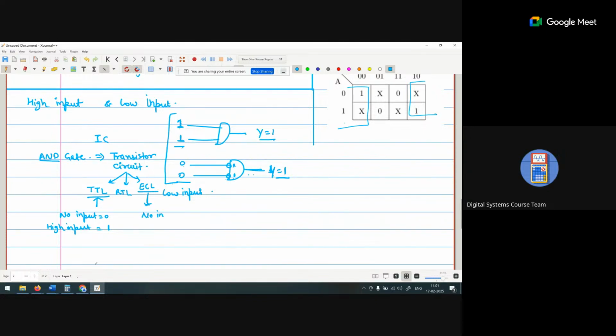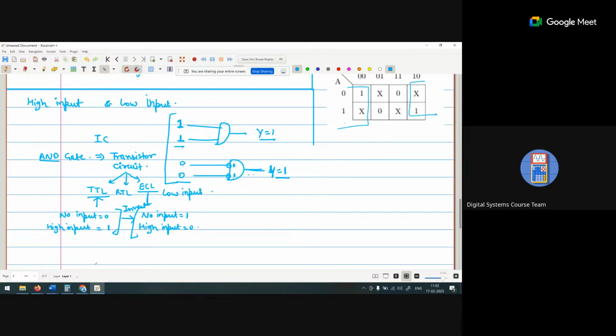When we are giving no input, it is considered as a 1, and when it is the high input, it is considered as a 0. So basically, it is just an invert process. What we are giving to the circuit is automatically inverted when we switch from the TTL to the ECL family.